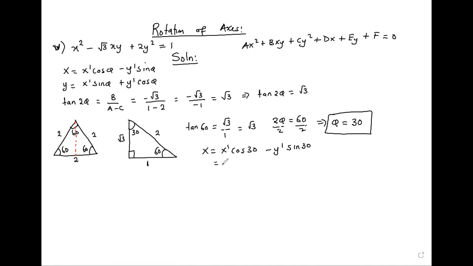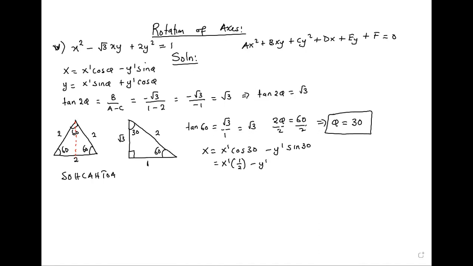Giving us x prime cos 30. Cos is adjacent over hypotenuse, because we are getting this from SOHCAHTOA. Then minus y prime sin 30, opposite over hypotenuse.